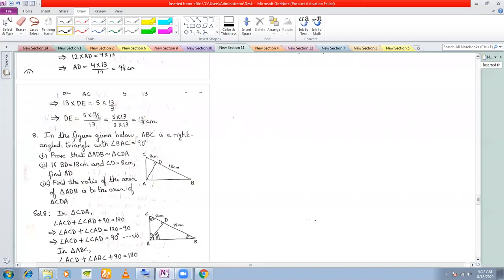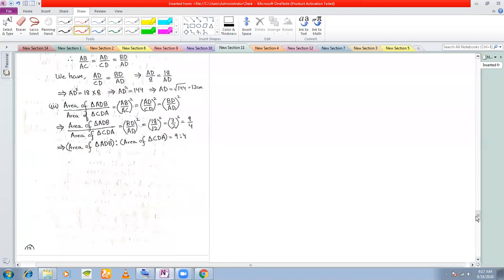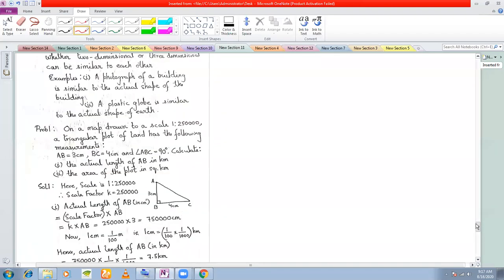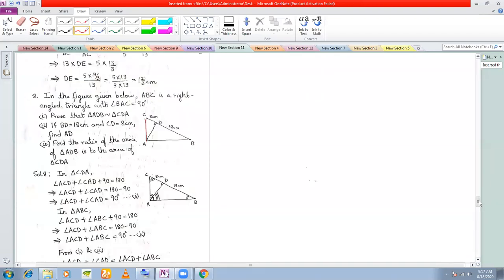Let us see. In the figure given below, ABC is a right angle triangle. So we are talking about the bigger triangle. This triangle ABC is the right angle triangle. So this red triangle is a right angle triangle, and this is given to you with angle BAC equal to 90 degree.